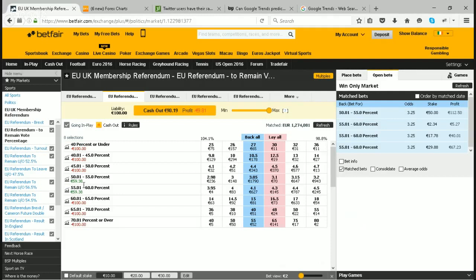And I didn't think it was going to be a massive 70% or 90%, because nothing is that. It would be weird to have a referendum where the yes was so one-sided.